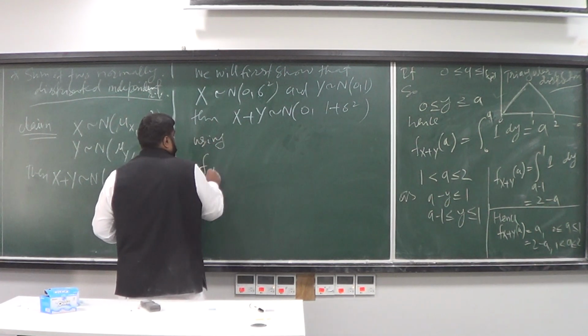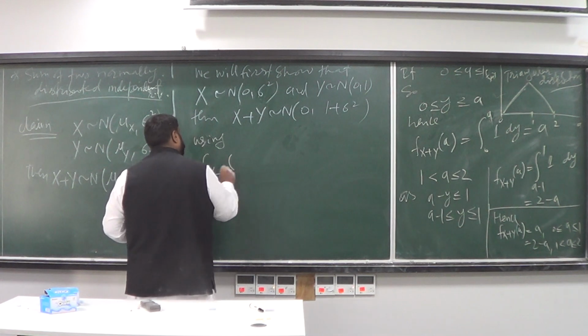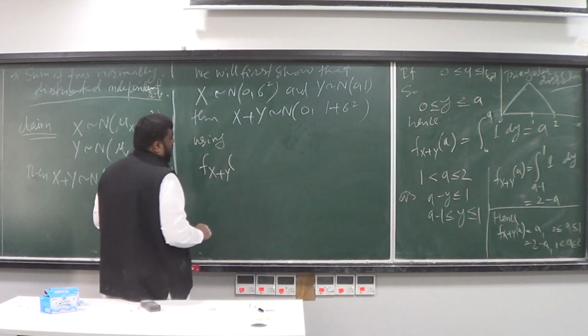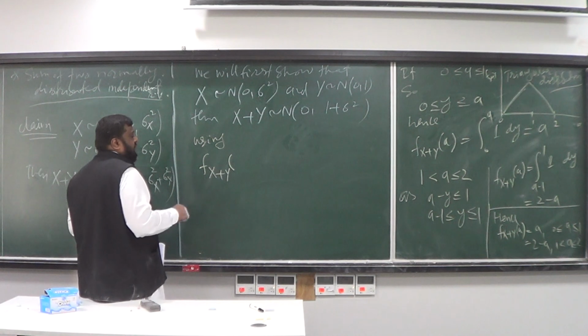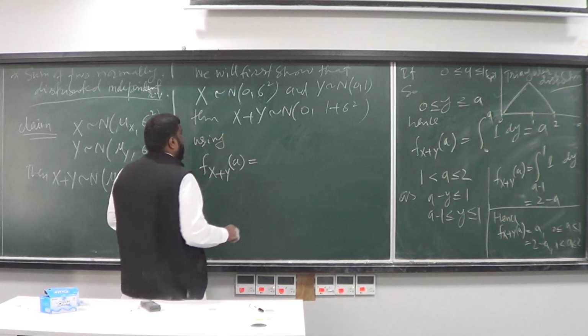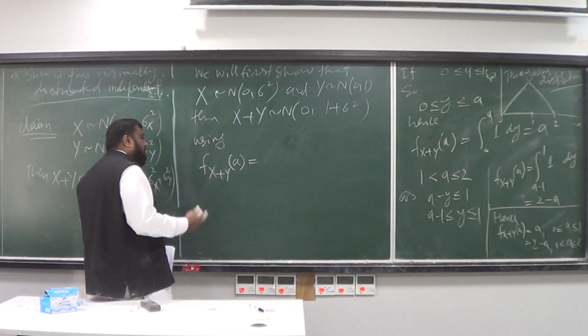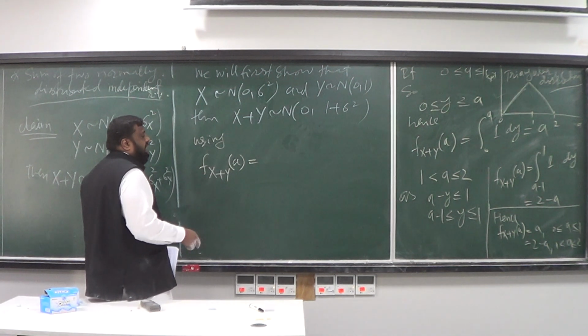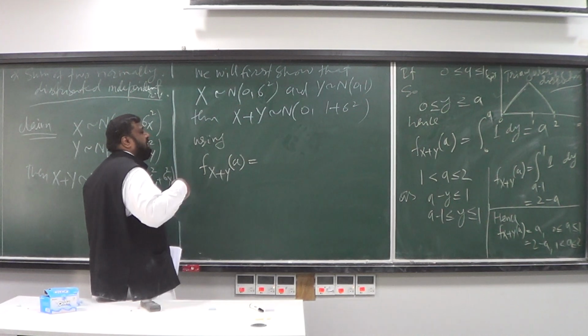that the PDF of the sum of two independent random variables evaluated at a is the convolution of the PDFs.